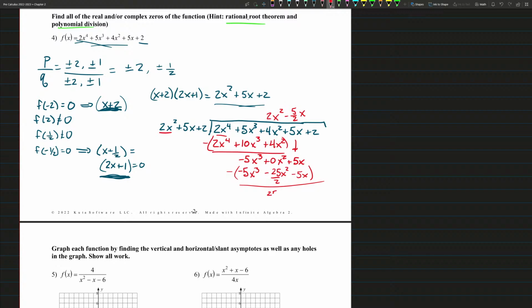So we get 25x over 2 plus 0x. Bring down the 2. And then we just rinse and repeat.